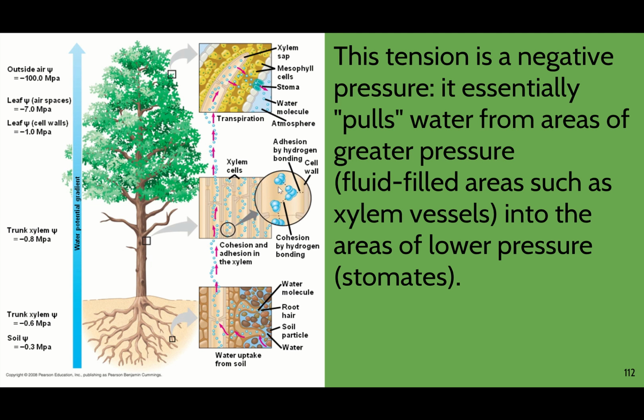So areas like the xylem are going to be experiencing a high level of pressure due to cohesive and adhesive forces that are pulling water upward through the xylem. This is going to cause the water to move into an area of lower pressure in the region of the air spaces and out of the stomata. Okay?